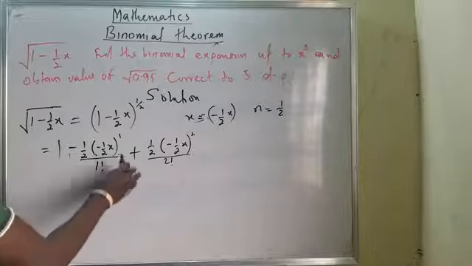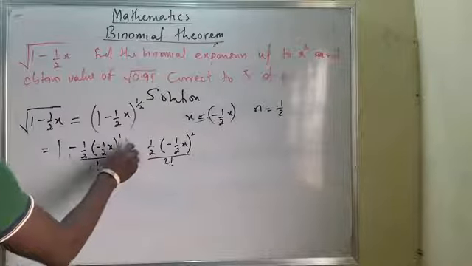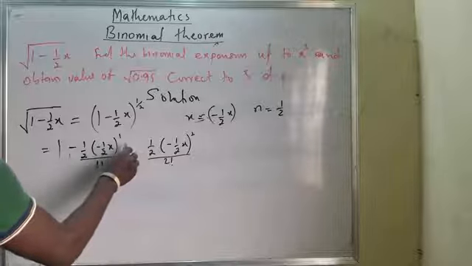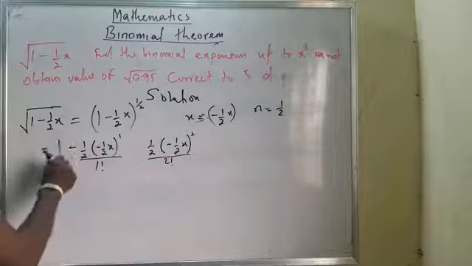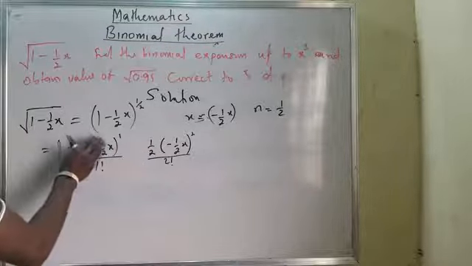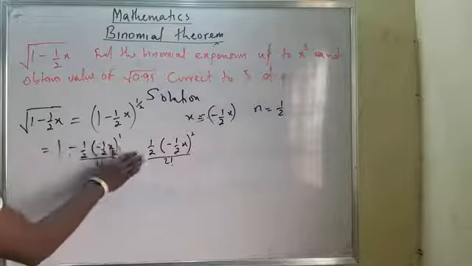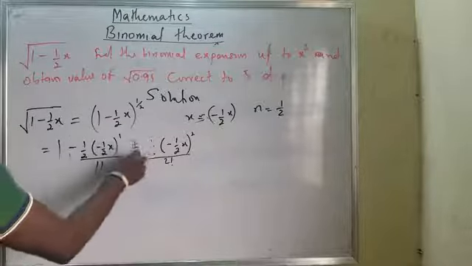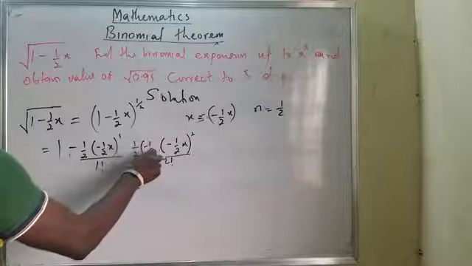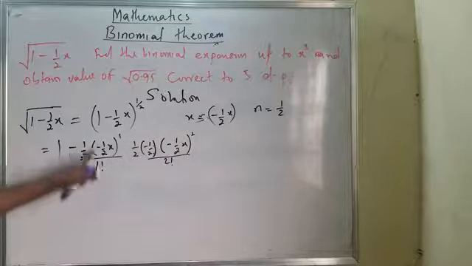Oh, something is missing here. It means I'll be having 1 all over 2, bracket of 1 all over 2 minus 1. That is the power of this.